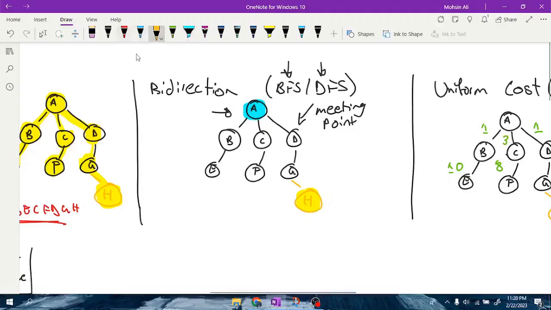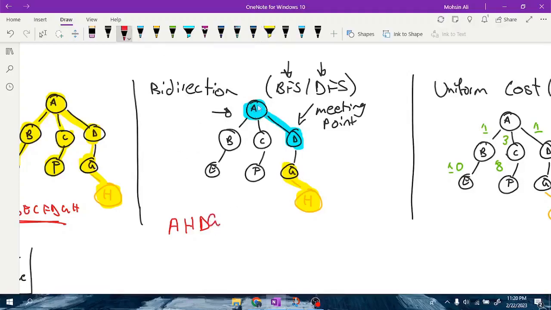Let me just write down the path over here so you can understand what I'm talking about. First it goes A, then it goes H. Then it's the start node's turn again, so I go to D. Okay, and then you write D over here, and then you start with the end node's DFS, so H goes to G, and then you write G over here.